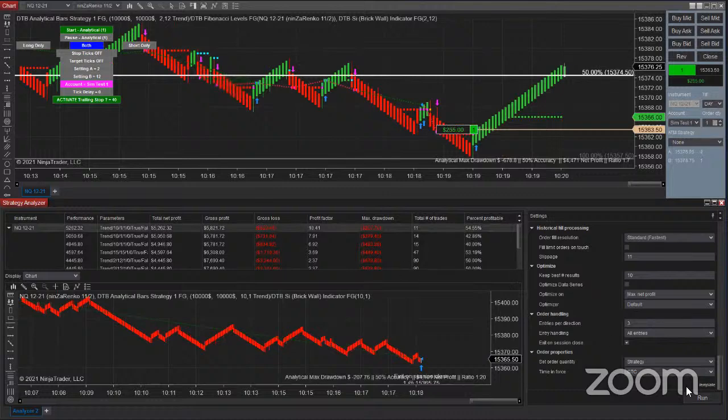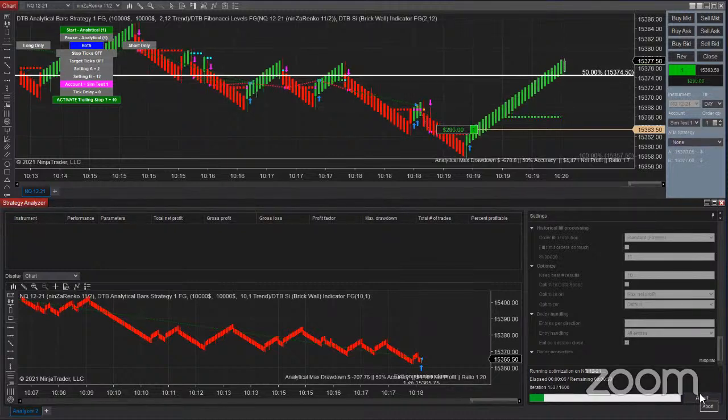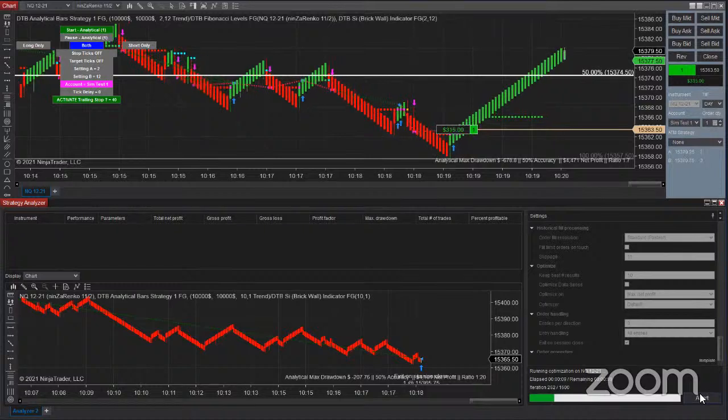So not too much I can do right now other than just run these optimizations and check if anything's really sticking up at us. Giving us some good results, but we're bound to get a little bit of an upward move over here. Especially if the price stays above this 50.